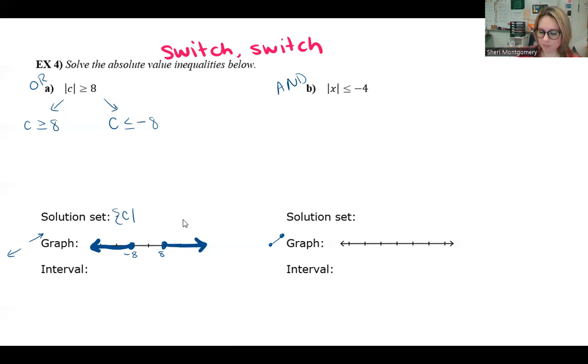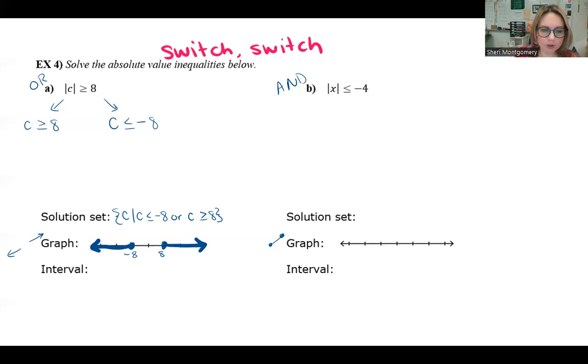So C is less than or equal to -8, or C is greater than or equal to +8. Remember, this is just identifying the variable we're using, and this just says such that. So the curly brackets mean the set of C such that C is less than or equal to -8, or C is greater than or equal to +8.